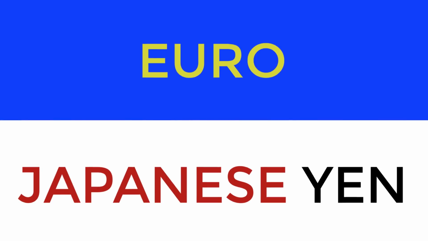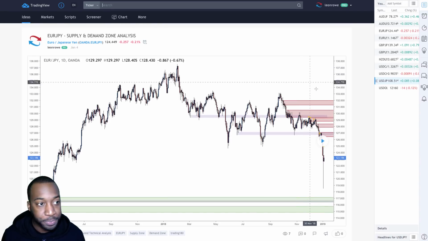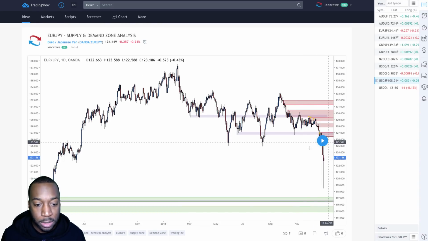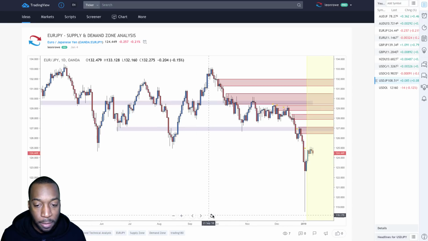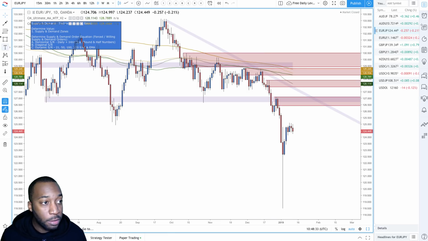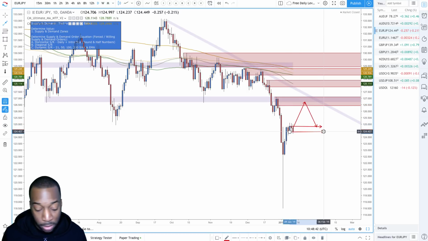Euro yen, let's go back. Euro yen, again, like a lot of the other yen pairs this week, we're pretty much just in a bit of no man's land. Nothing really happening. So again, prices make new highs, first shorting opportunity, and that obviously creates demand if you do see something like that happen.